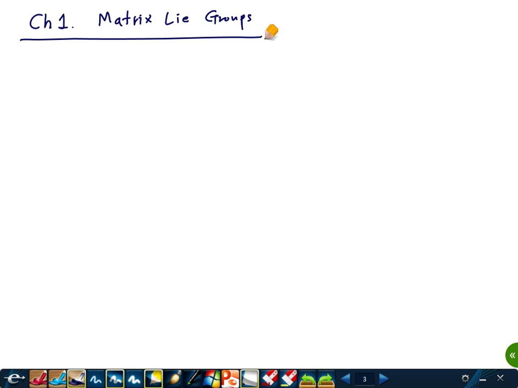I'll just tell you the definitions and properties that will be used later. But if you want to know the proofs, you can always read the textbook because everything is in the book. Basically, what I'm going to do is in the book. I'm not going to do something else. I just follow the book.